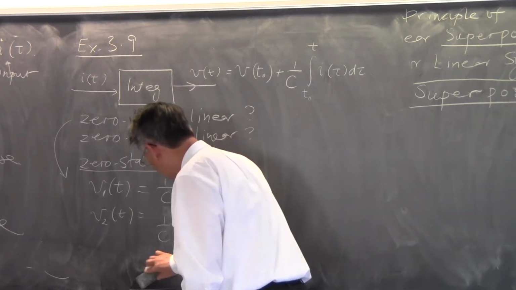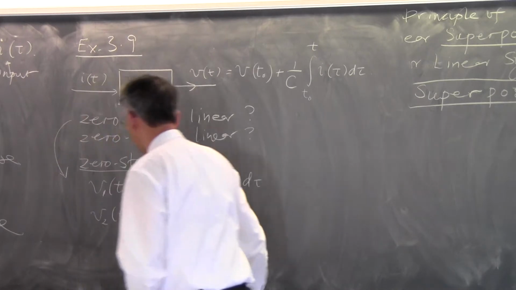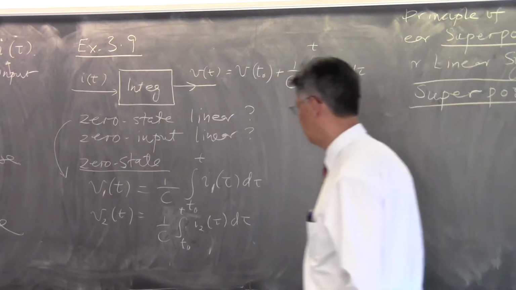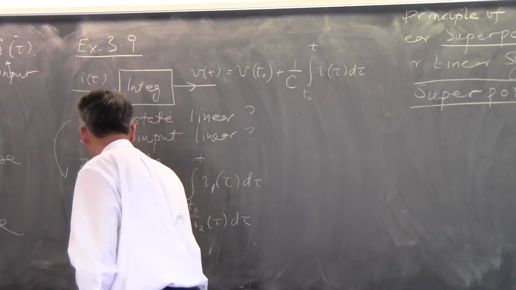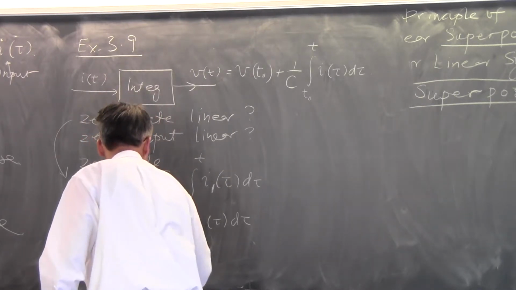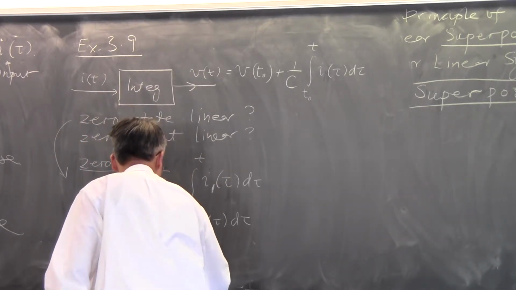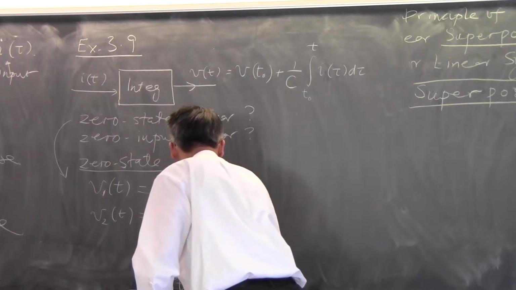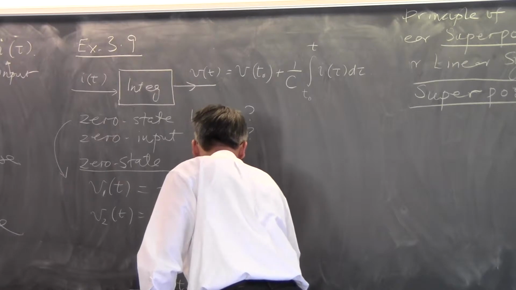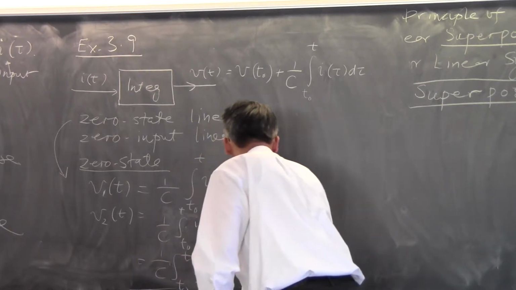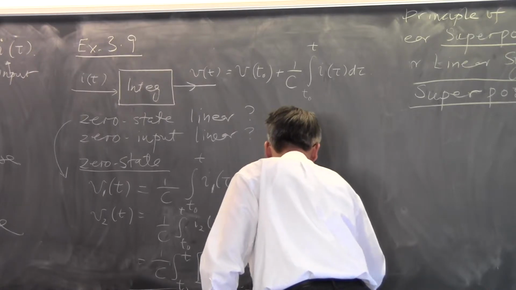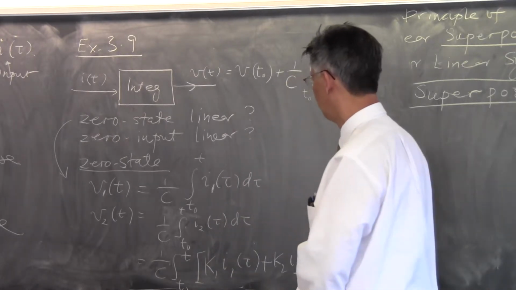Now I want to combine the two inputs by using linear superposition. If I have a combined input of the previous two, then I will put K1 I1(tau) plus K2 I2(tau) here. This would be my input.